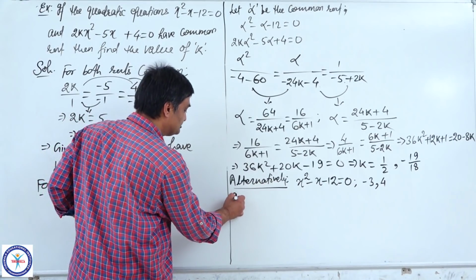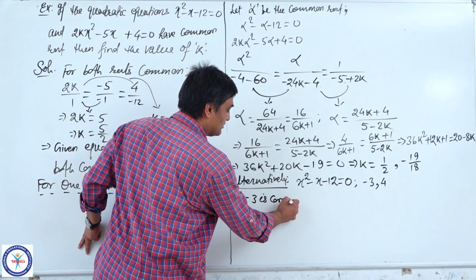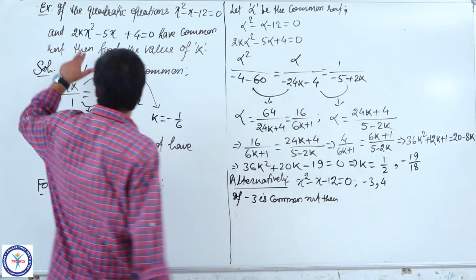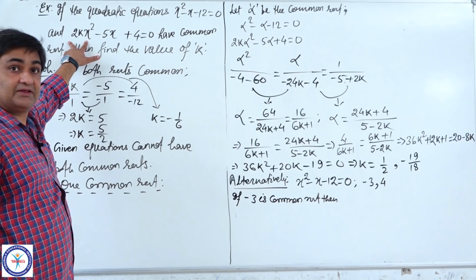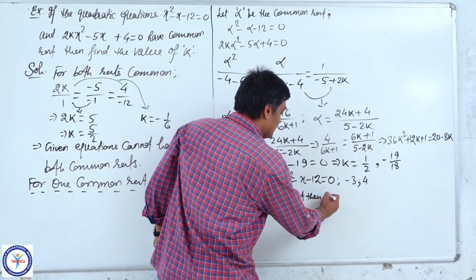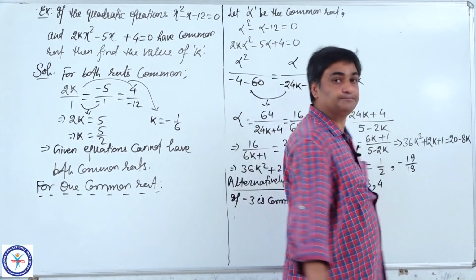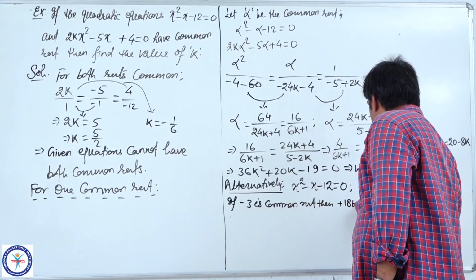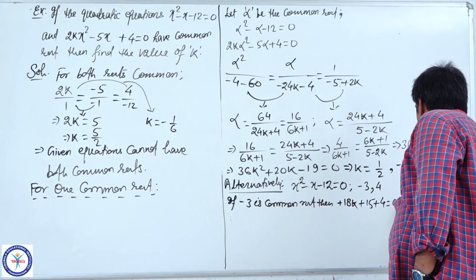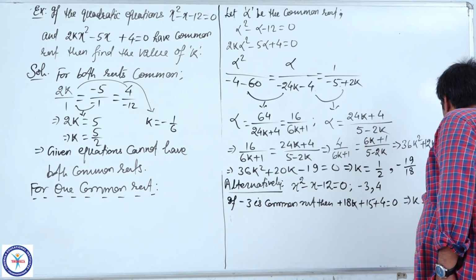If minus 3 is a common root, then minus 3 will satisfy this equation. So if we put minus 3, we get 18k plus 15 plus 4 equal to 0, which implies k equal to minus 19 by 18.